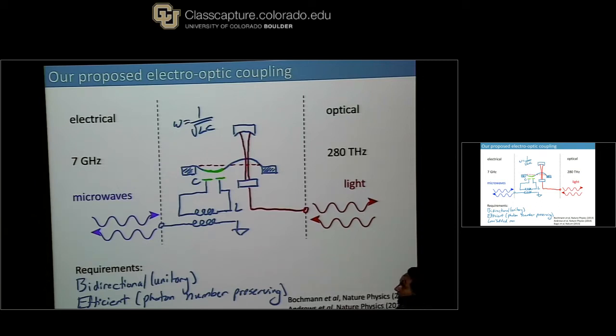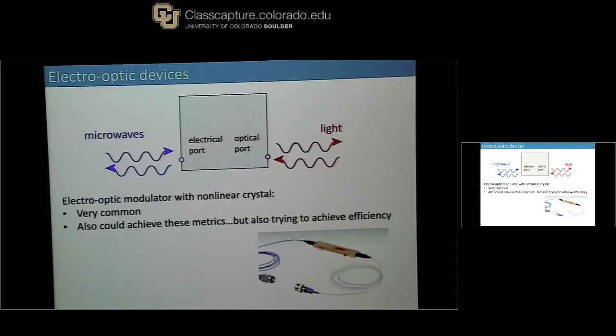But it turns out exactly this optomechanical coupling and the difference of the rates that we've been talking about should allow transduction through the mechanical element at rates that are relevant. We can talk a little bit more about those parameters. So these are the three things that we want. And a lot of the talk will be about how we measure how efficient this system is and how it compares to other systems.